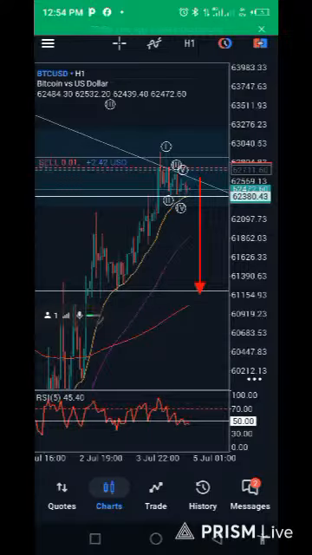This is a live trade from Africa, West Africa, Nigeria.